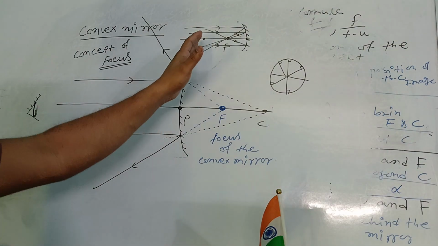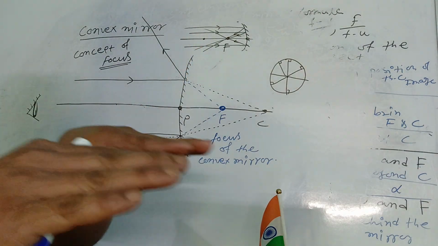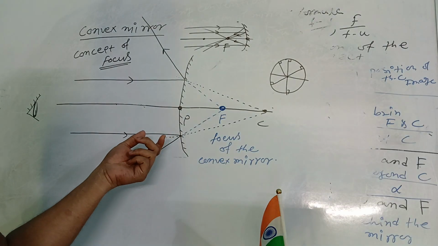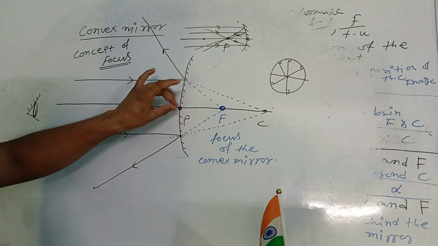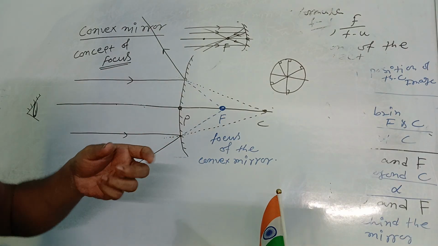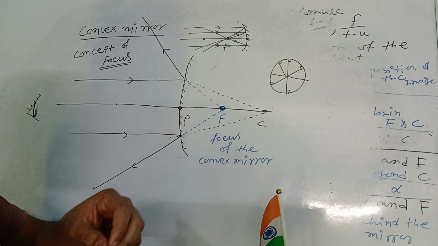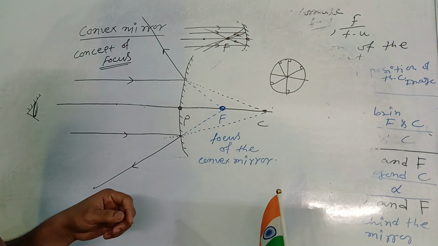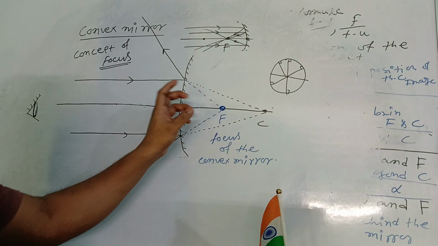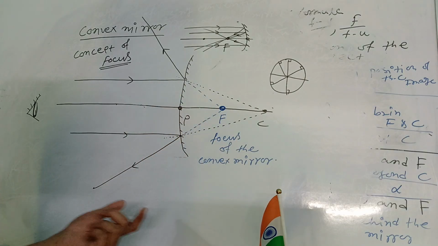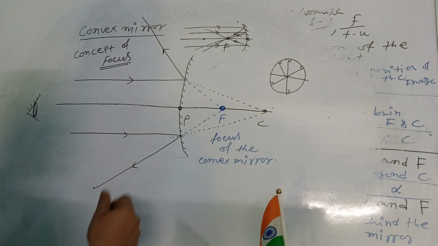So when parallel rays fall on a convex mirror, after the reflection they appear to diverge from a single point. It seems as if they are diverging from this point. And this point is known as the focus. So we can write two more points.